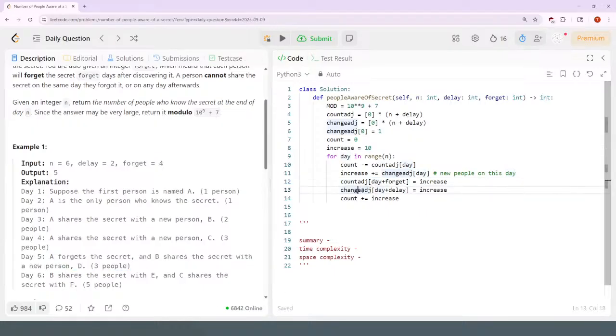And then they also increase the change adjust on day 3. Okay, that's right.